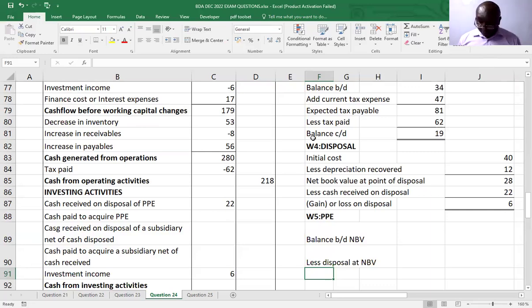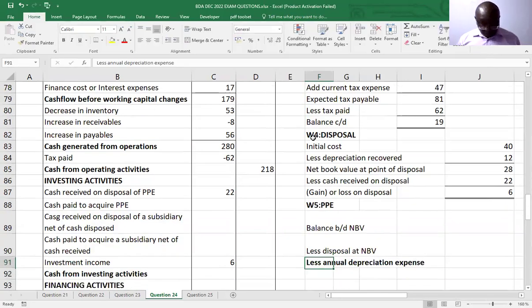Then we less depreciation, annual depreciation expense or charge.